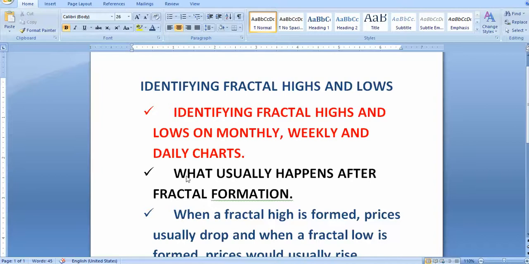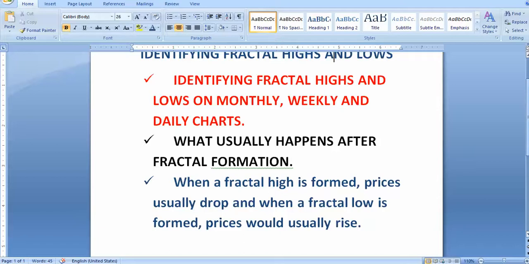Then we'll look at what usually happens after a fractal is formed. We have two types, a fractal high and a fractal low. When a fractal high is formed, prices will usually drop, and when a fractal low is formed, prices will usually rally, or go up or rise.